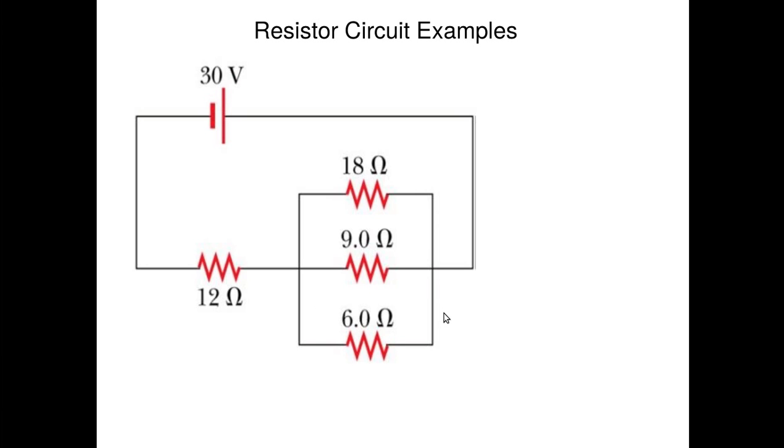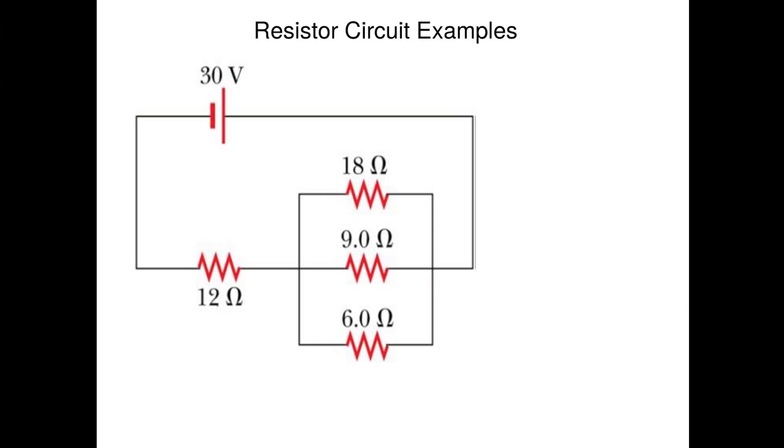The difference is I'm going to find the equivalent resistance. I want to find the current going through every resistor, and I want to find the voltage drop across every resistor. So the process is going to be very similar. We're just using Ohm's law instead of our formula for the charge on a capacitor.